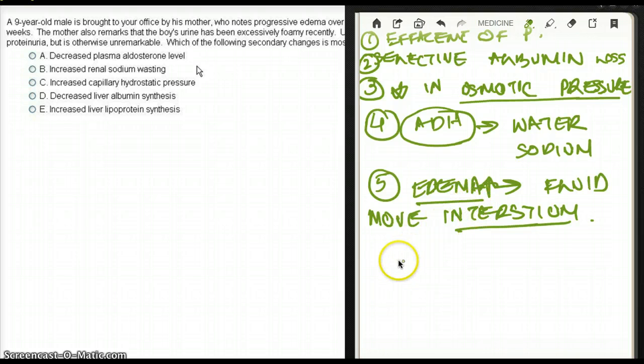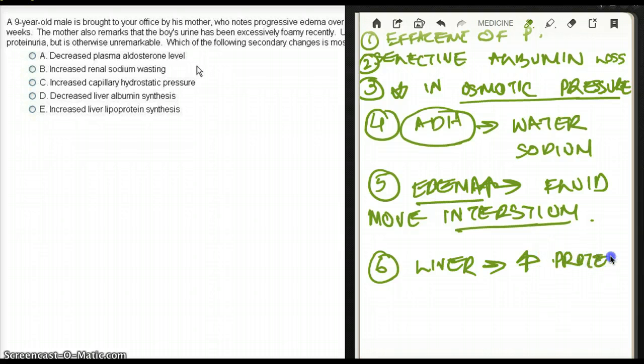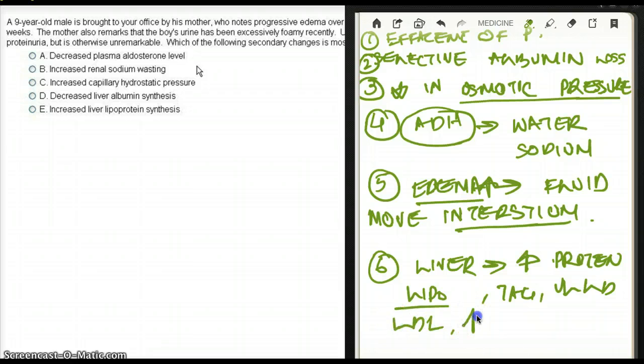Now we have loss of protein and loss of osmotic pressure in the serum. To compensate for this, the liver is going to increase production of proteins and lipoproteins. As a result, TAG, VLDL, and LDL production are all going to be increased.